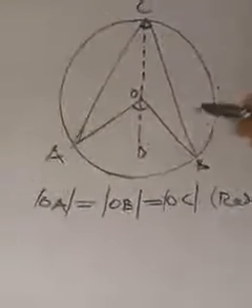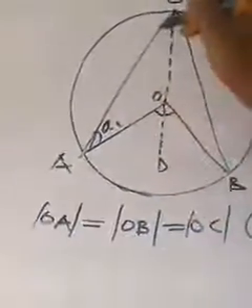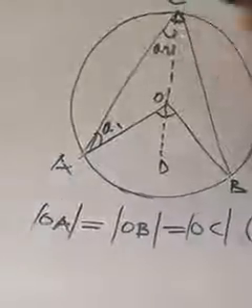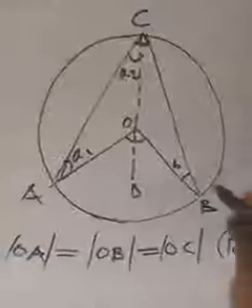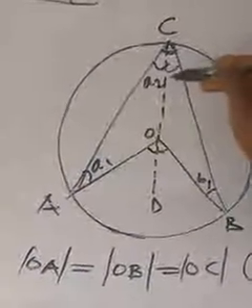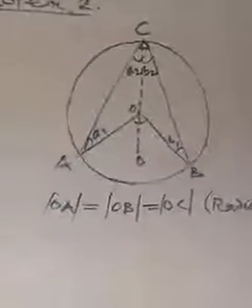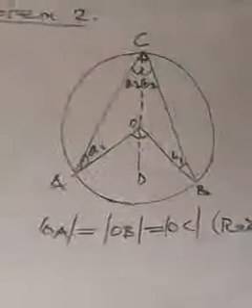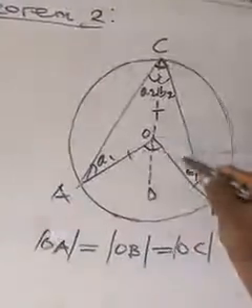Now let's call this angle A1, then this angle A2. This angle we can call B1, then this angle B2. Now if you look at this very well, this side is equal to this side is equal to this side.